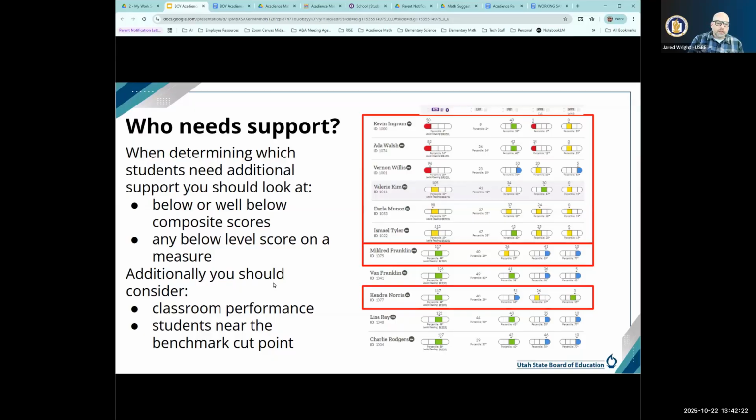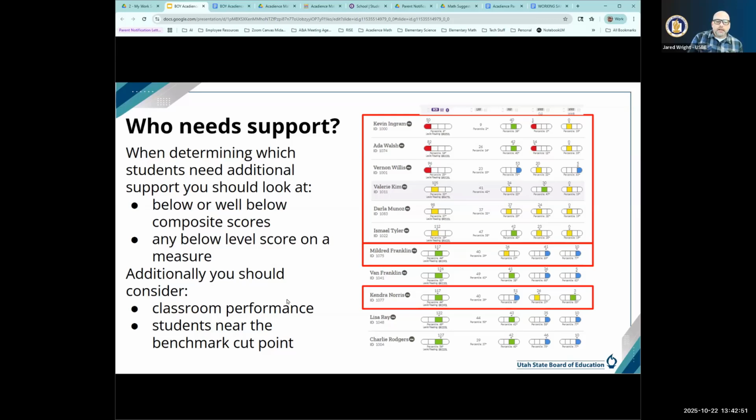Some other things you're going to want to consider as you're looking at the student data. So we talked about whether you've even taught that at this point in the year. That might be something where, oh, they're scoring this low because I haven't taught this. So once I teach it, we'll pay more attention to that data. You're also going to look at how the student is performing in the classroom. What's their behavior like?